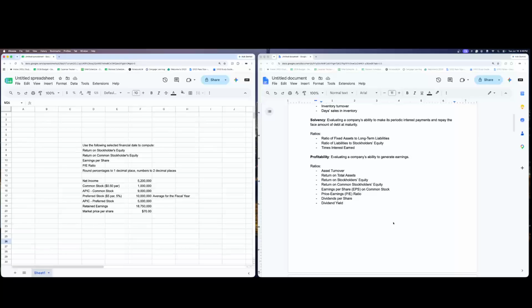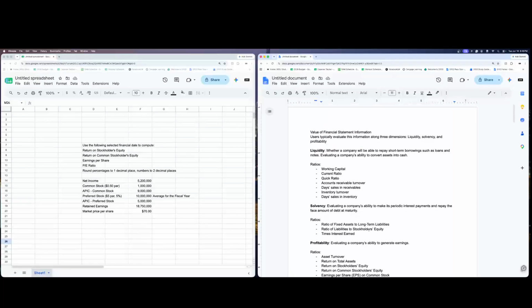How profitable is this business? The ratios associated with that include asset turnover, return on total assets, return on stockholders' equity, return on common stockholders' equity, earnings per share on common stock, price earnings, dividends per share and dividend yield.